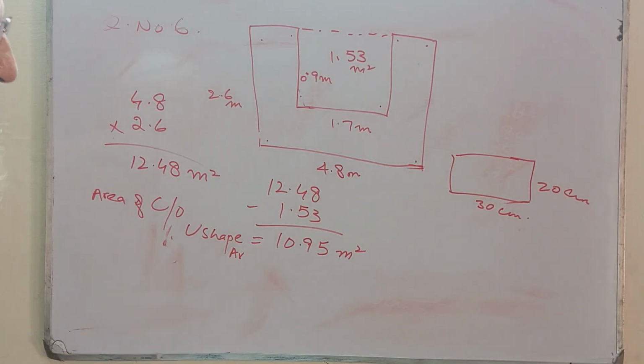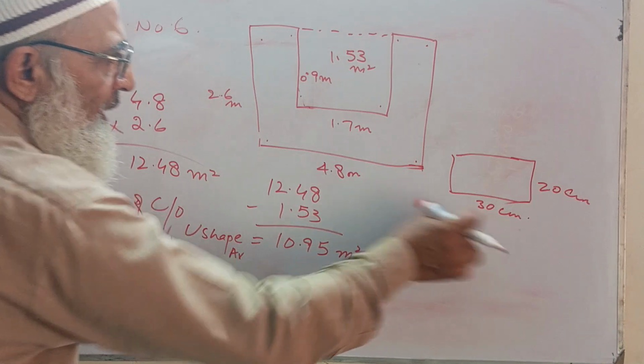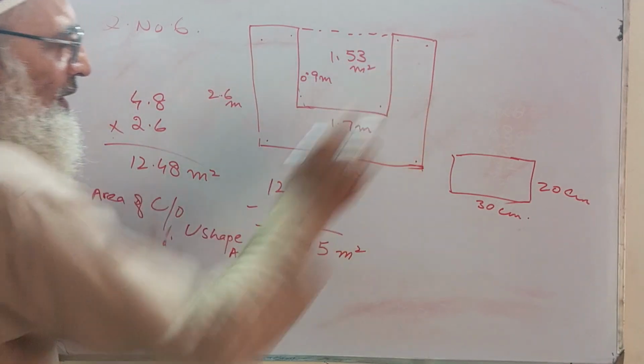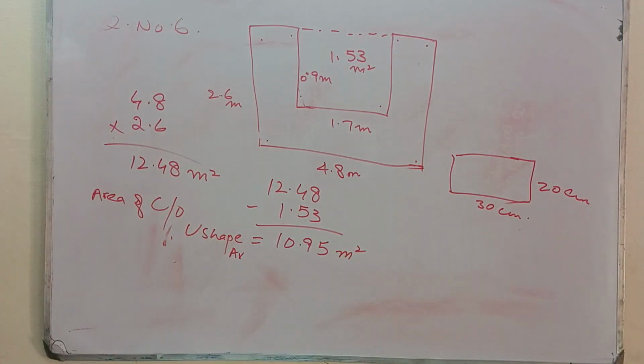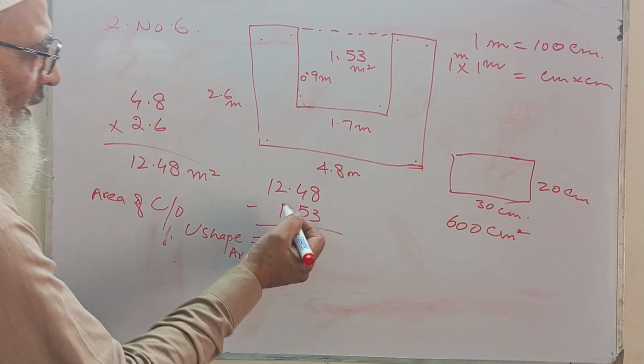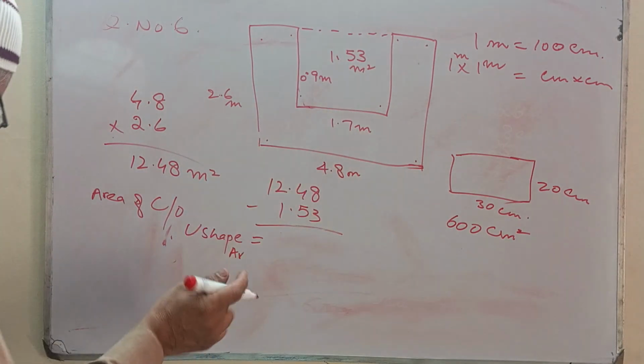Now we have to find how many tiles of 20 centimeter by 30 centimeter will be fixed in this U-shape area. 12.48 minus the area of this cutout.